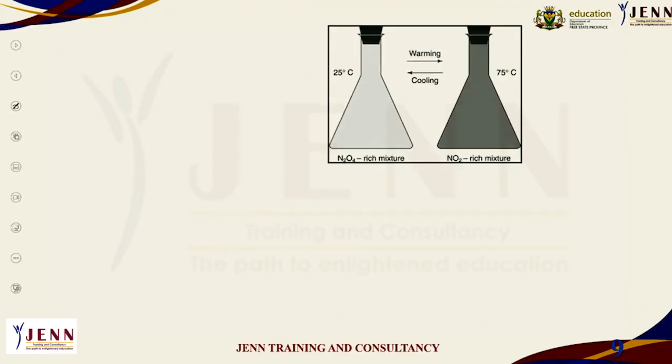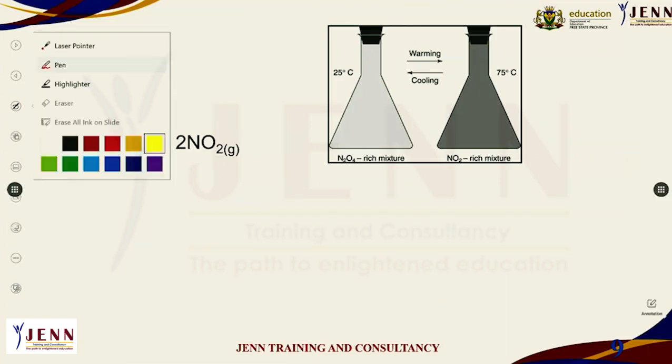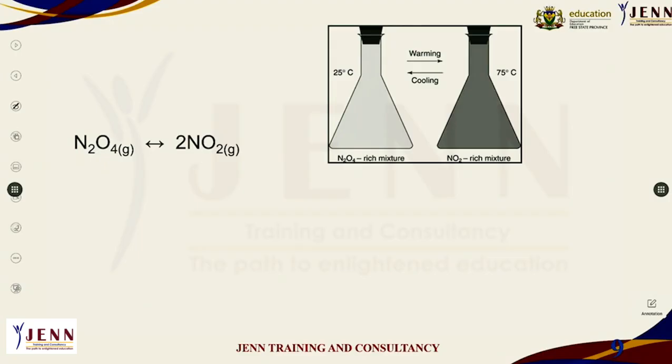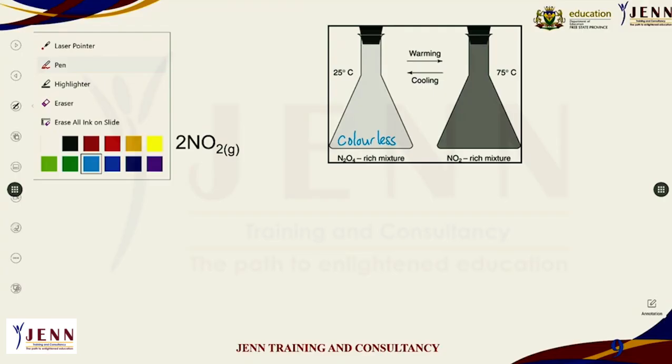Okay, also N2O4, the mixture, and you will see there is a cooling effect and a warming effect. If I look at my pictures again, you see the one is darker than the other one. That means my one on the left-hand side is colorless. I'm writing in blue because otherwise I can't write in colorless, then you will see nothing.